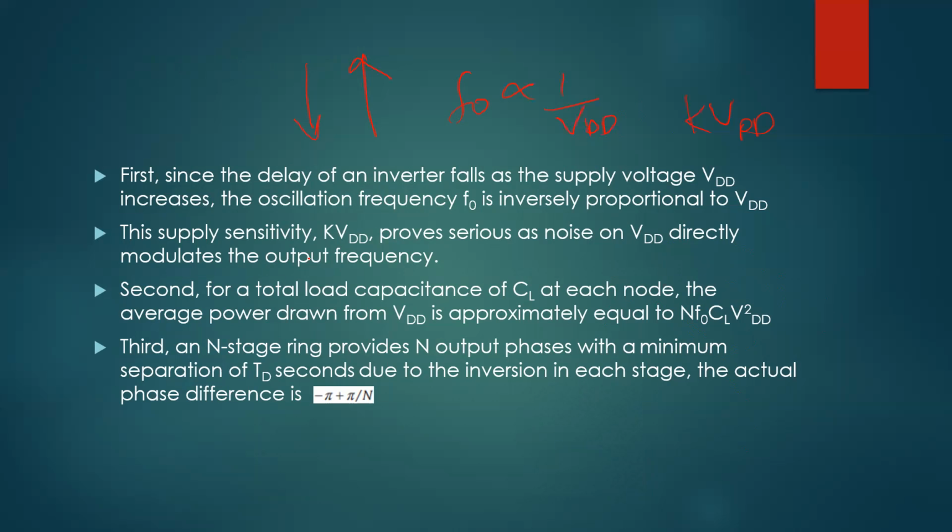The actual phase difference is minus pi plus pi by n.